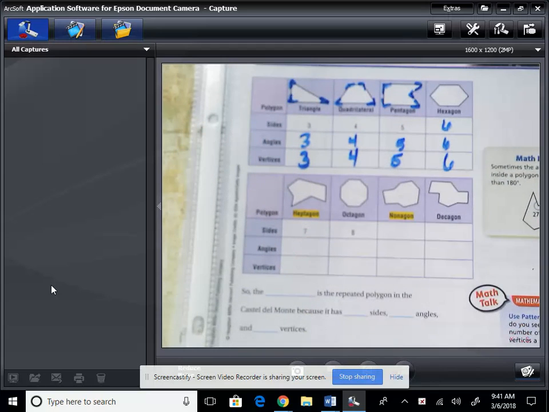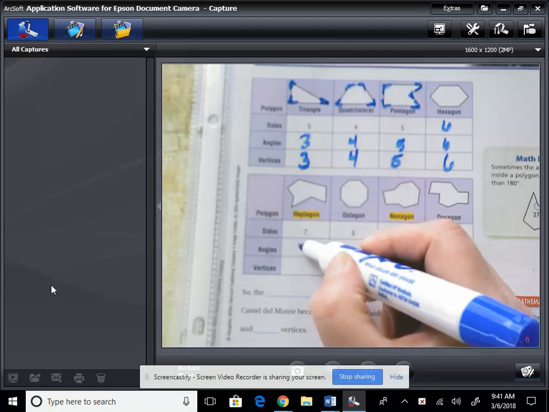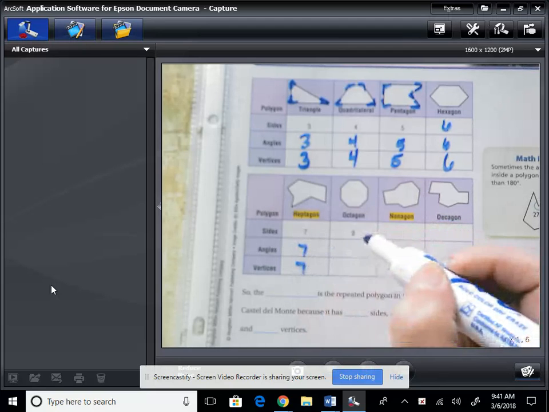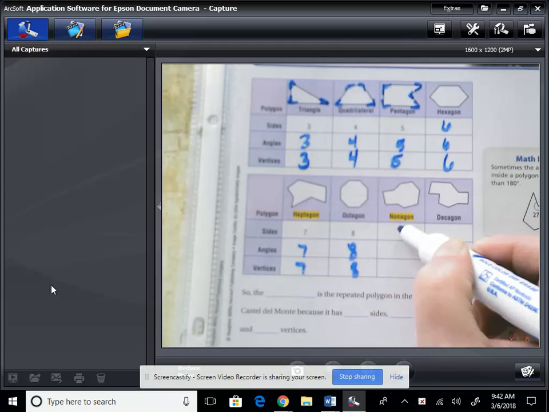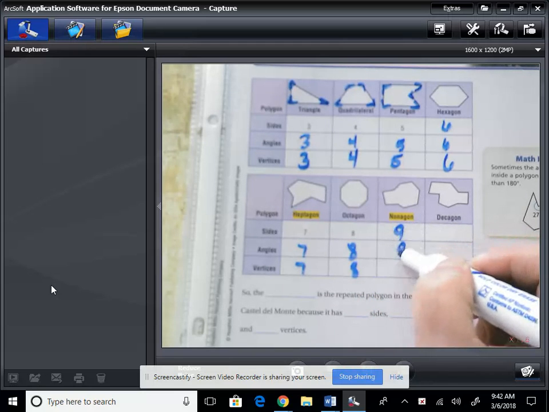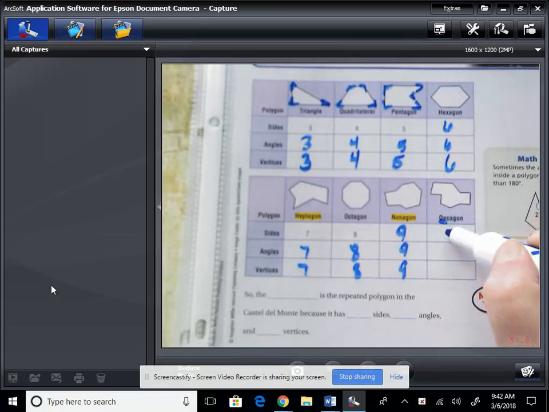All right. A heptagon has 7 and 7. Octagon, 8 and 8. Nonagon, 9 sides, 9 angles, and 9 vertexes. A decagon, deca means 10, has 10 sides, 10 angles, 10 vertices.